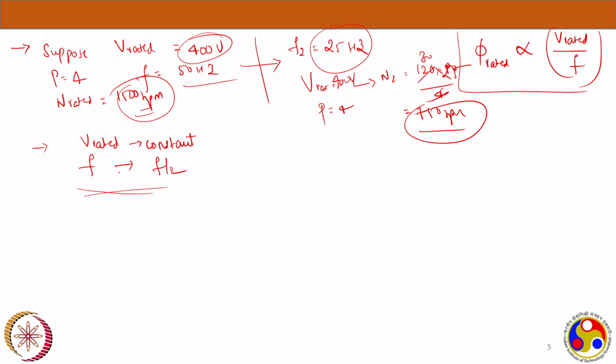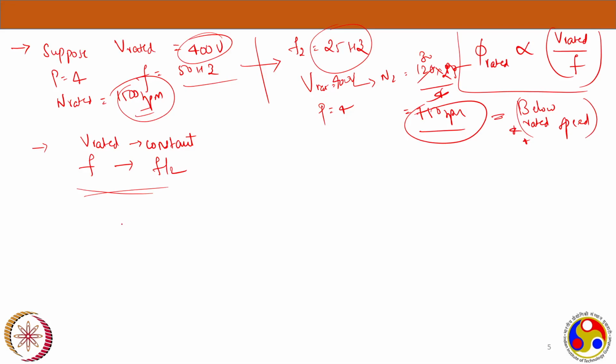It's going below the rated speed. So this 750 is below rated speed. Now we will also discuss above rated. So this is for the below rated speed condition.